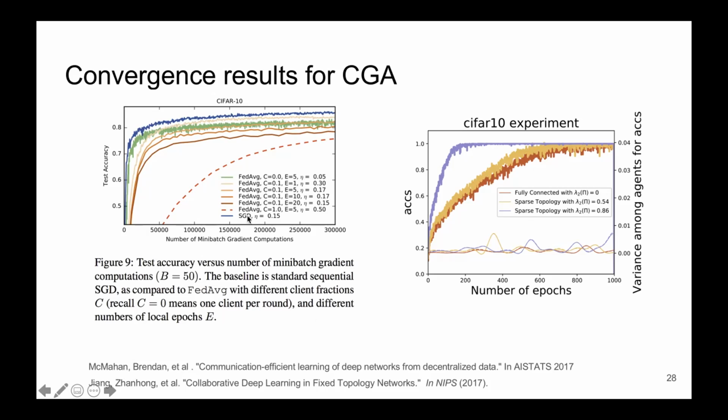But when I checked the paper, only this figure shows something. For this dotted line, the federated average with C equals 1 means all clients participate, and C equals 0 means only one client per round. You can see from here to here the participation decreases, and that means the communication is sparser, so the training accuracy is higher.